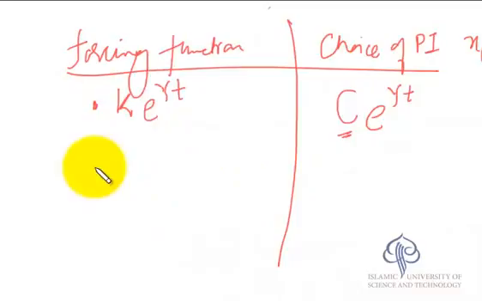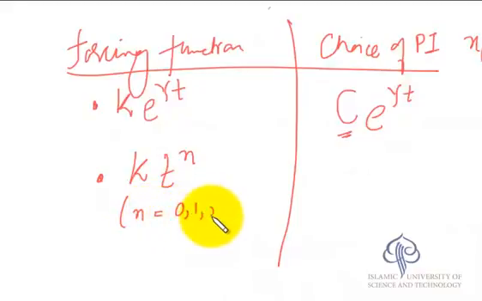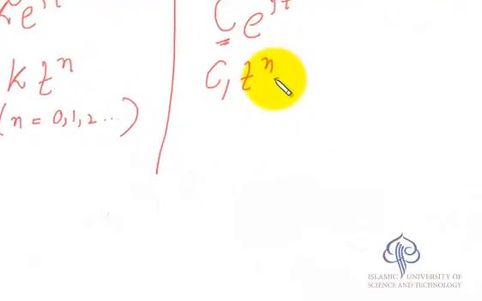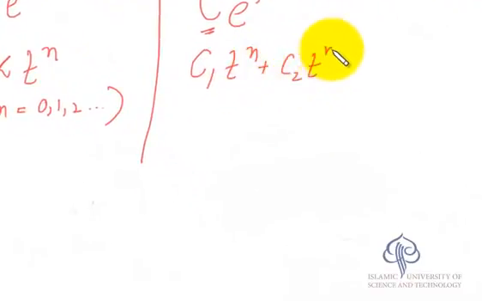If your forcing function is k t to the power n, where n can be any integer 0, 1, 2, then your particular integral is going to be c1 t to the power n plus c2 t to the power n minus 1 plus this will continue till you get c0.